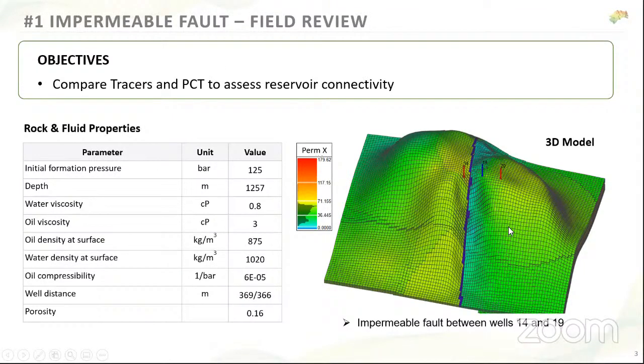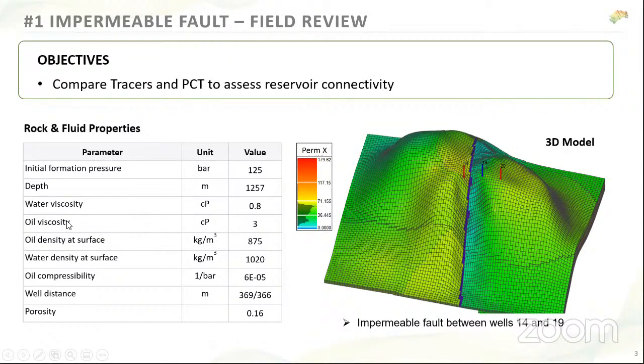We took a part of the geological model and simulated pressure propagation and tracer propagation in the case of different complications. Here we have 3 wells: 1 injector, number 19, and 2 producers, number 20 and number 14. We have an impermeable fault through the whole reservoir between wells 19 and 14, and typical properties of the reservoir and fluids.